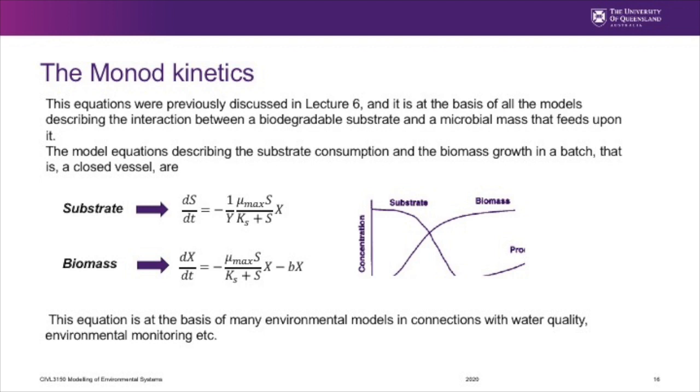I'm going to stress at this point that these equations, which are differential equations, are not yet the differential equation that describes the stock and flow diagram that will be discussed later on. And why am I saying this? Because these equations at this point are in terms of concentration, all right?